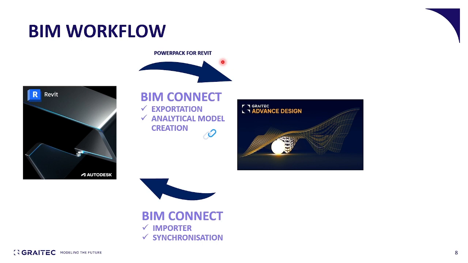So, in essence, Advanced Design can ensure that any data coming from Revit can be transferred very effectively. The model can be transferred to Advanced Design, analyzed, designed, and then transferred back to Revit for further modifications. The tool that is used is the PowerPack for Revit, which enables the creation of the analytical model and the transfer to Advanced Design.